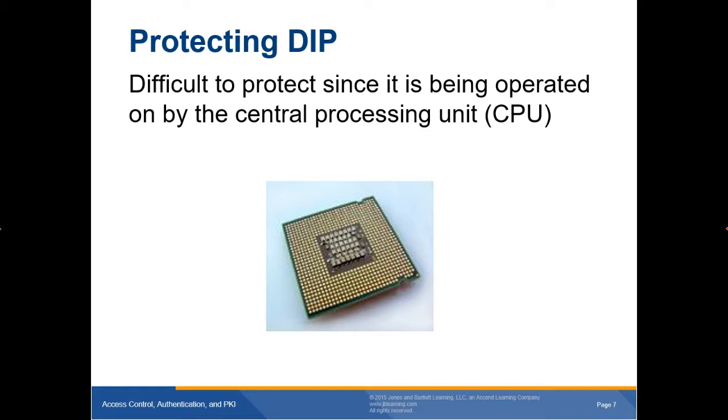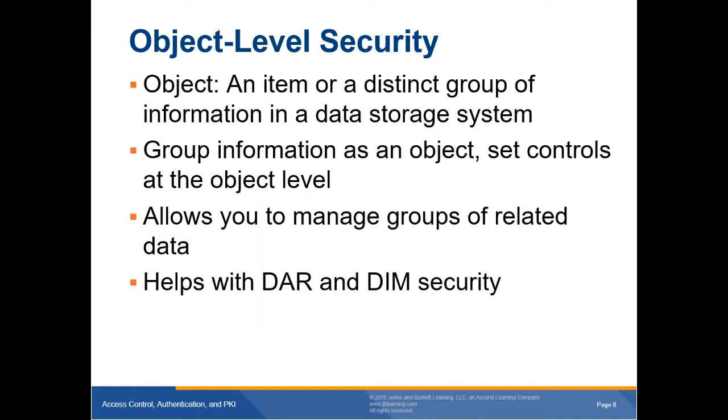How do we secure data in motion? One way to do this, as we talked about, is encrypting it. Now, object-level security. An object is an item or a distinct group of information in data storage systems. Grouping information as an object allows you to manage groups related to it.